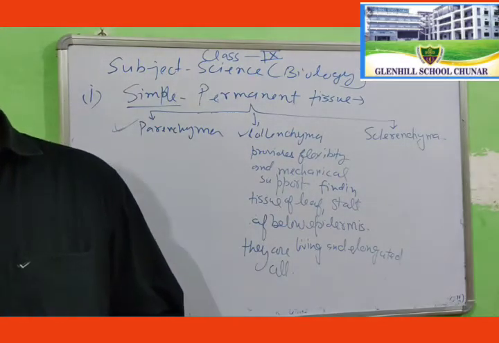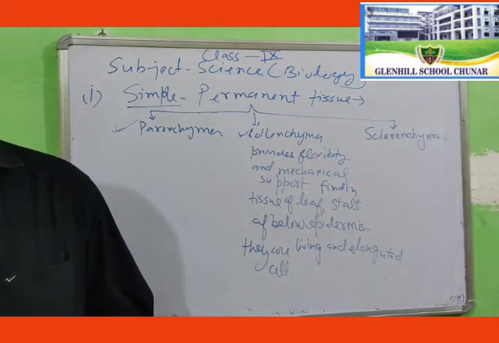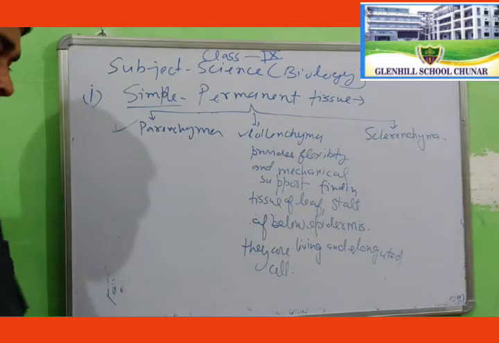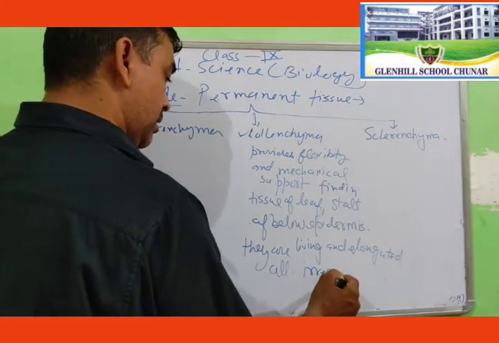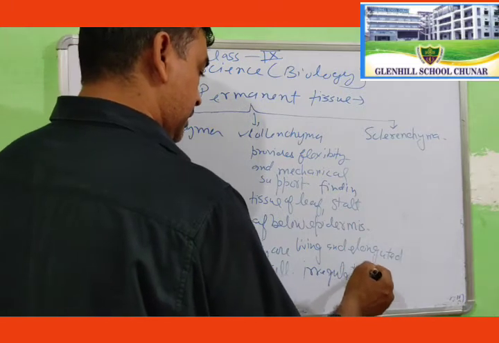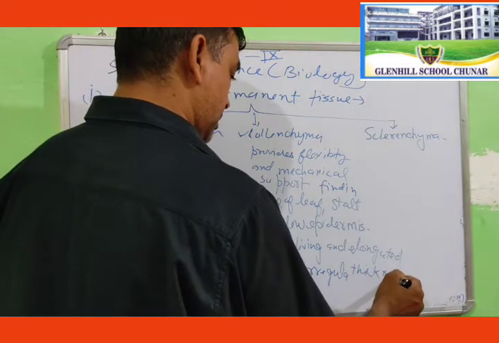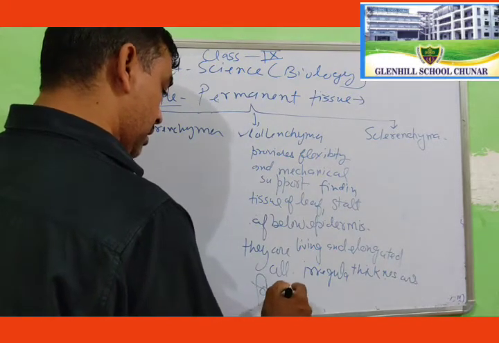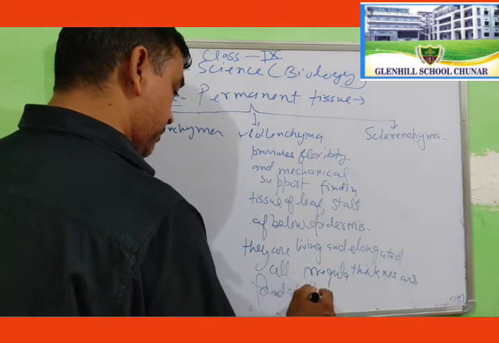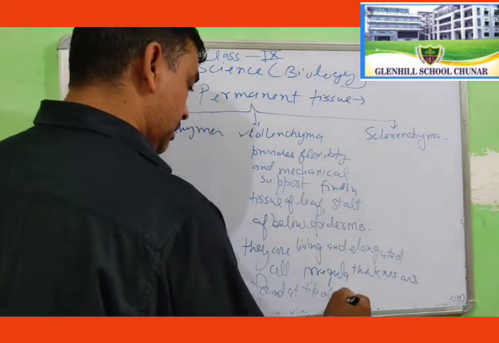It is the elongated cell. Irregular thickness are found at tip of the cell.